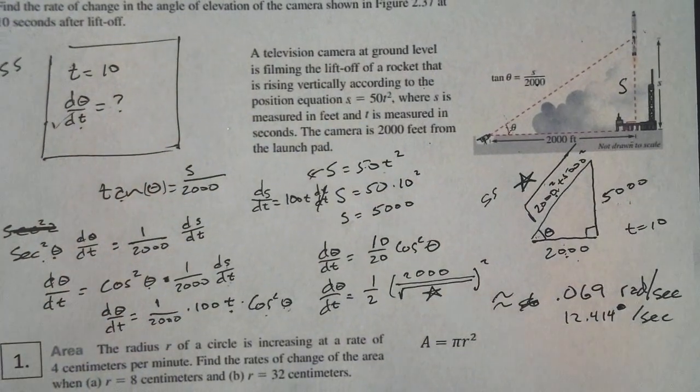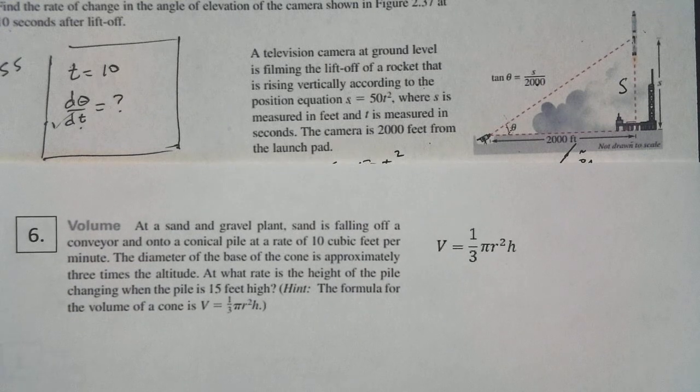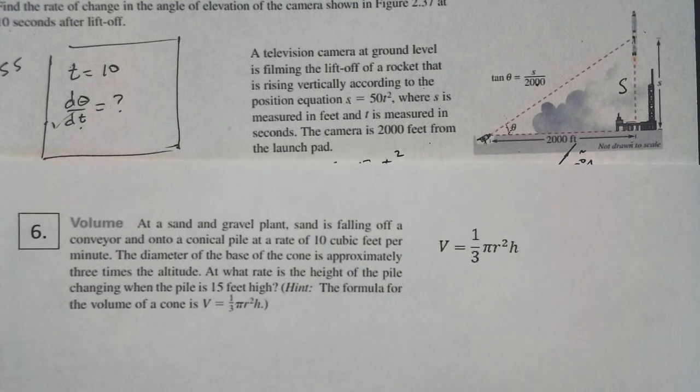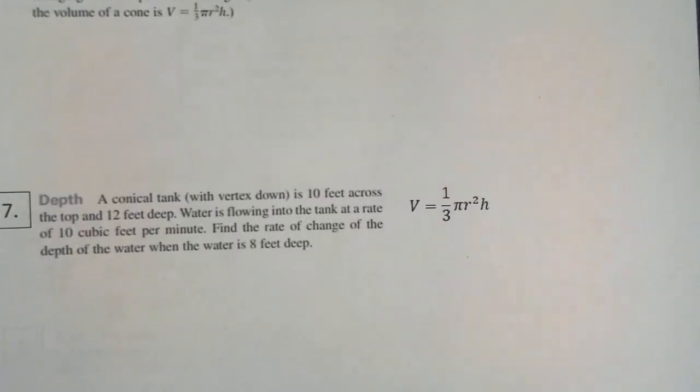And you're going to get some practice with these, and along the way I'm going to fill in some hints. As I did mention, if you get some things like you'll see here in number 6, a volume problem, a conical cone problem, it gives you the formula for the volume that you're going to need.